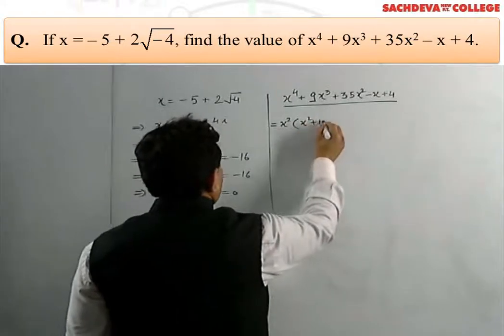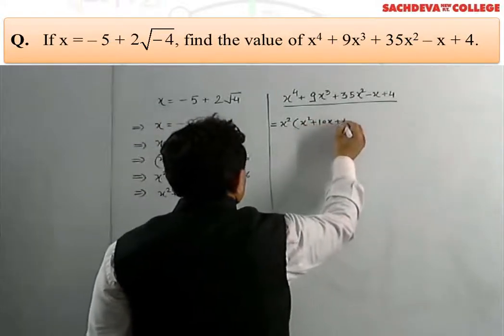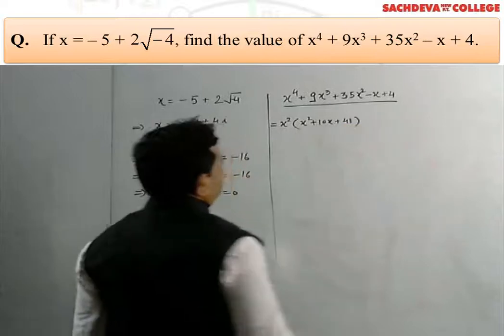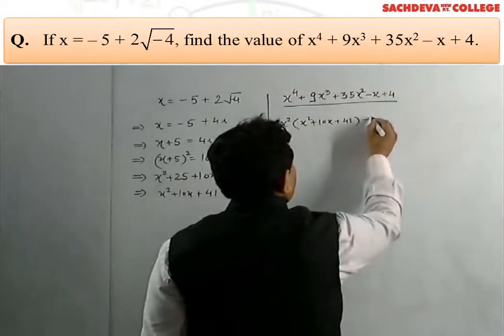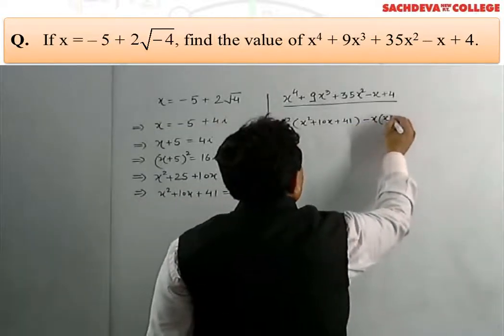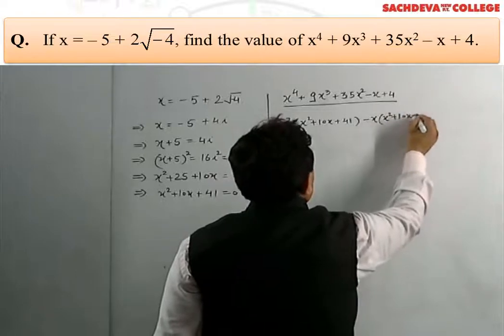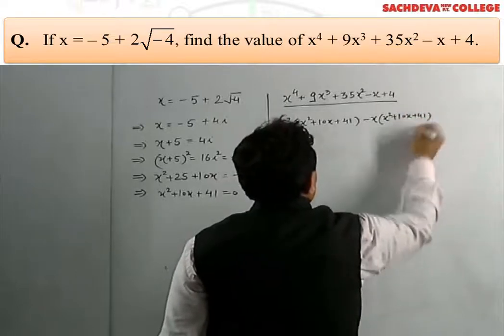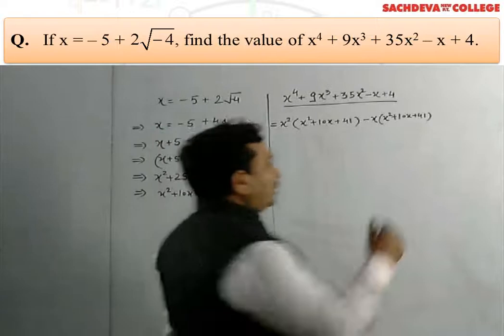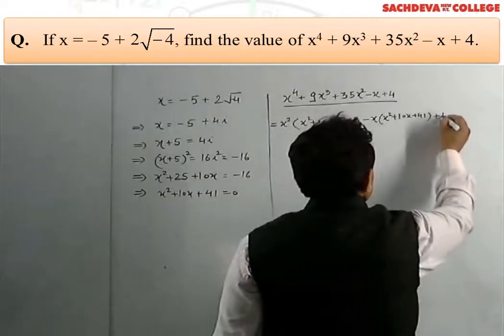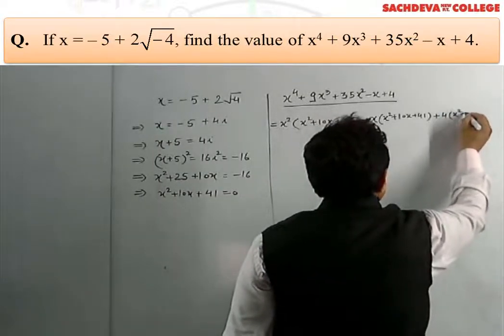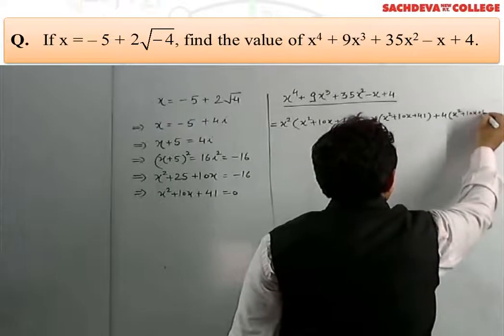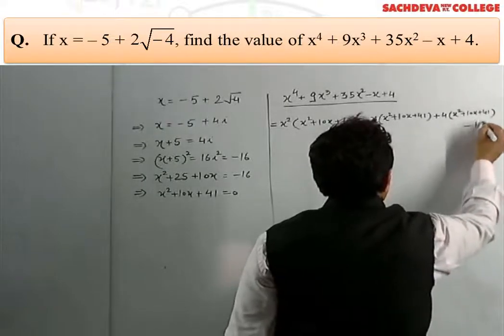minus x into (x² + 10x + 41) plus 4 into (x² + 10x + 41) minus 160.